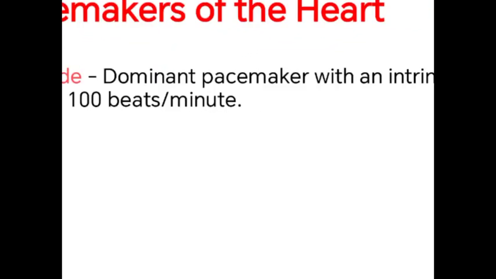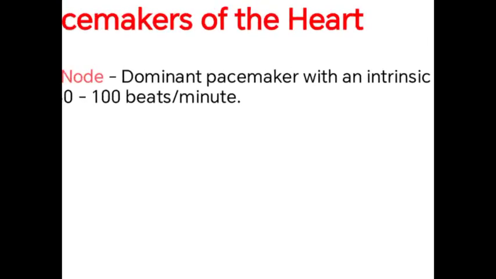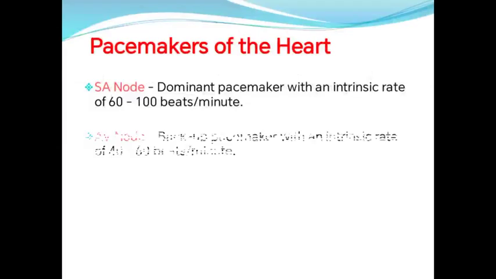It is the dominant pacemaker with an intrinsic rate of 60 to 100. The AV node is a backup pacemaker with an intrinsic heart rate of 40 to 60.